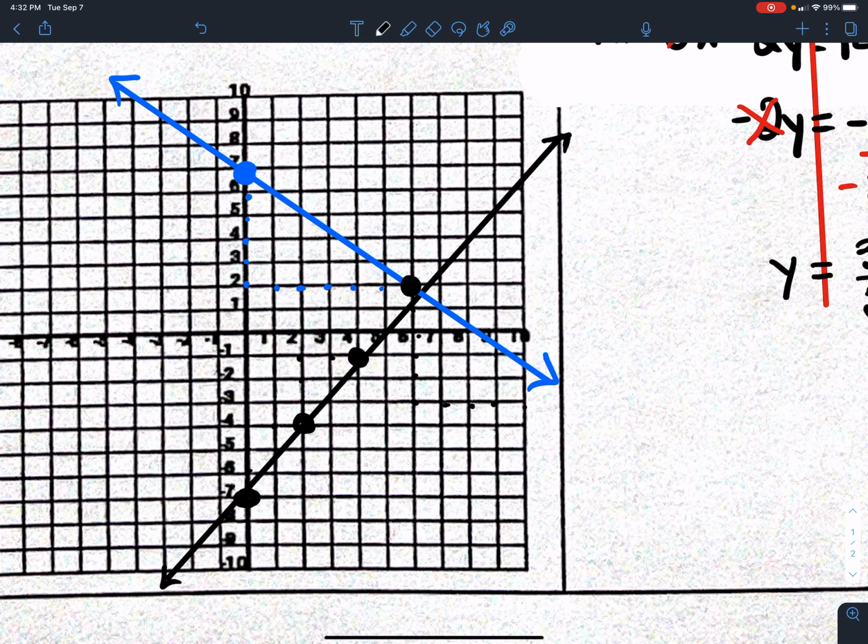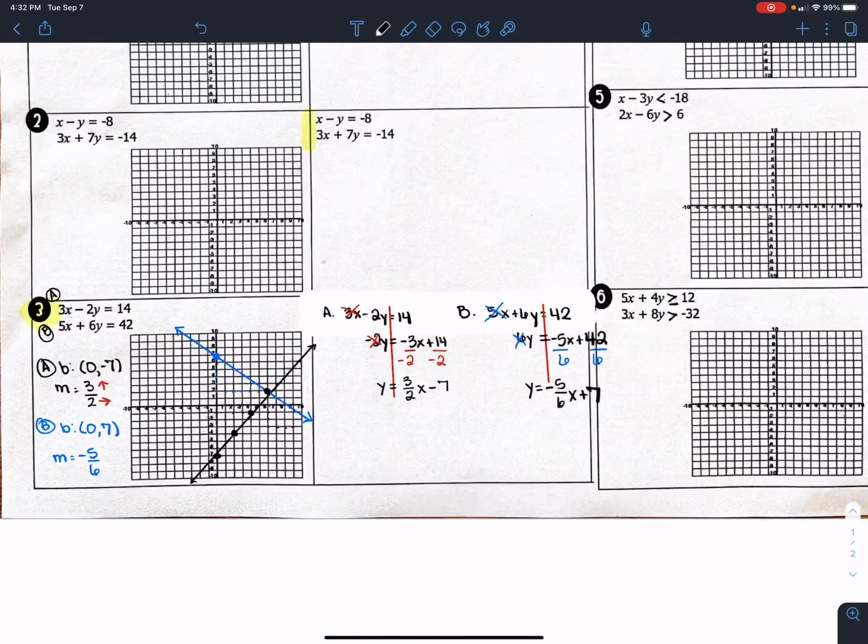So that would be one solution. And the solution would be x is 6 and y is 2. Okay? All right, so that would be for part 3 in the first column.